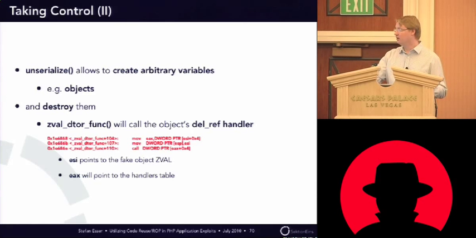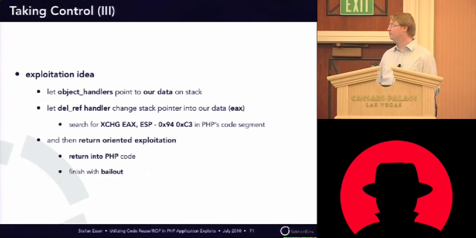When you look at the assembly, you will see that when this is called, the ESI register is actually pointing to your fake object, and the EAX register is pointing to the handler table. So this is the table on the stack that you control. So the idea of the exploit is very simple.